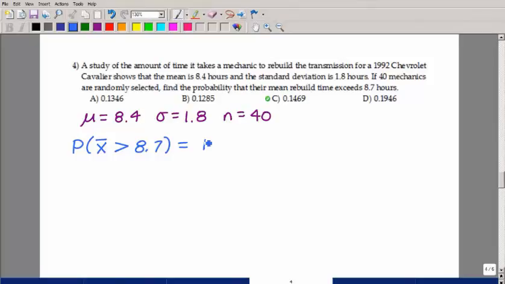So once again, we convert this to Z. It's the probability that Z is greater than the X bar value, 8.7, minus the mu, 8.4, divided by the standard deviation, which is 1.8 divided by the square root of 40.